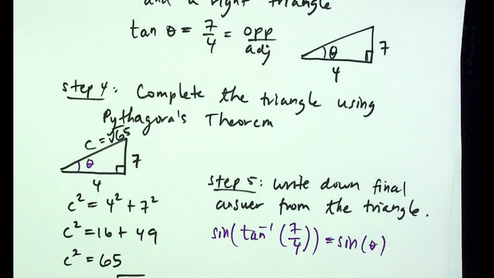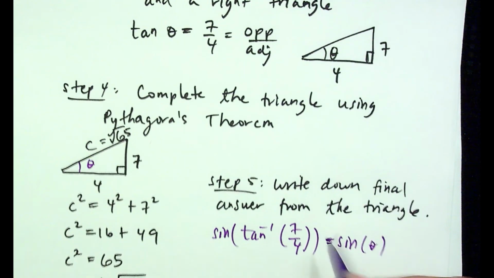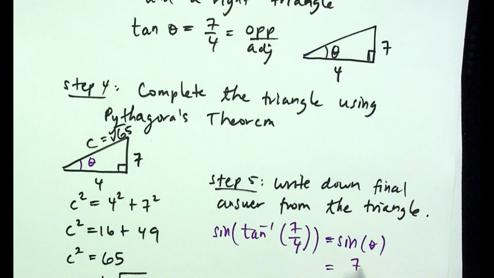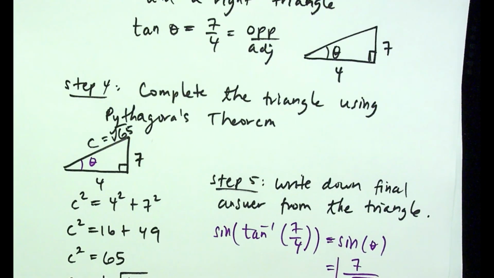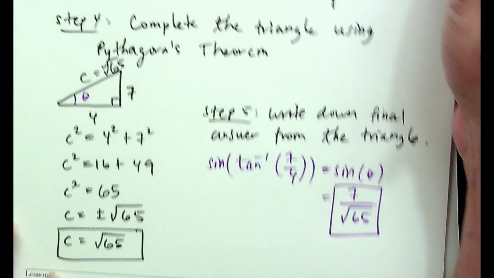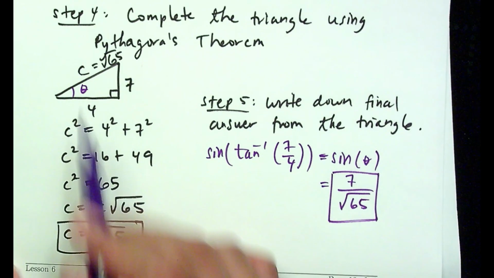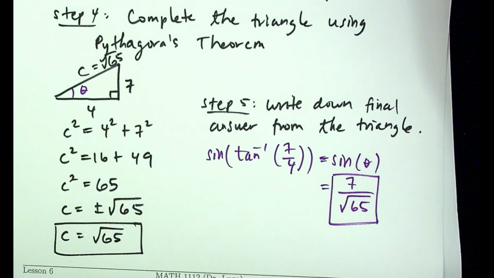Sine of theta is opposite over hypotenuse. That is the final answer. Opposite over hypotenuse: 7 over square root of 65. Okay, that's how you do that.